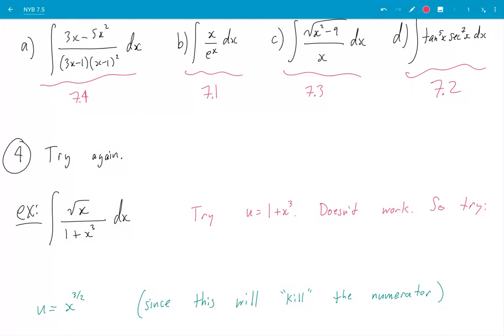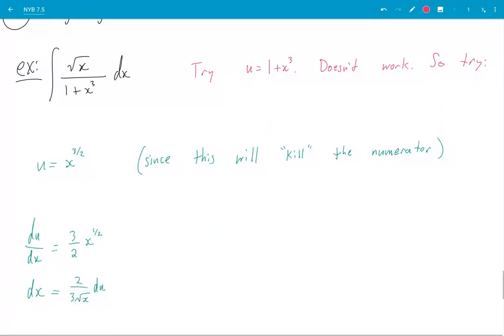Okay, what would possess me to do this? Well, it is motivated by trying to kill the numerator. Okay, you want to cancel this. So I know that when I differentiate this guy, it's going to be giving me a root x. And that will murder this numerator, which is good.